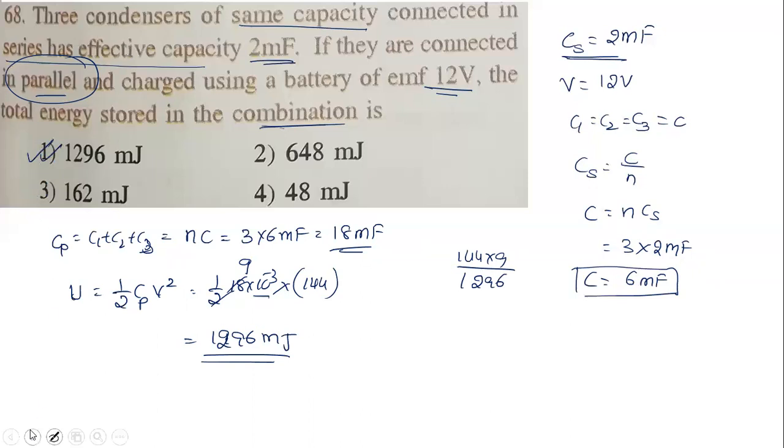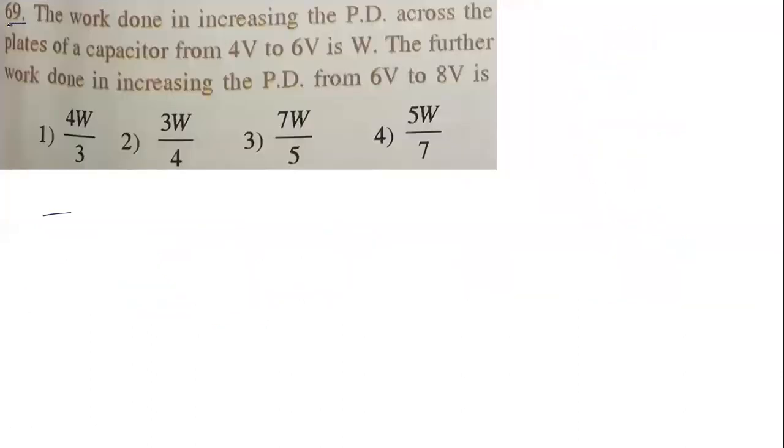Okay, that is question number 68. Question number 69. The work done in increasing the potential from 4 to 6 volt, that is V1 and V2, is W. Then I take the energy formula, half C V square. Work done to increase means the difference in potential energy.